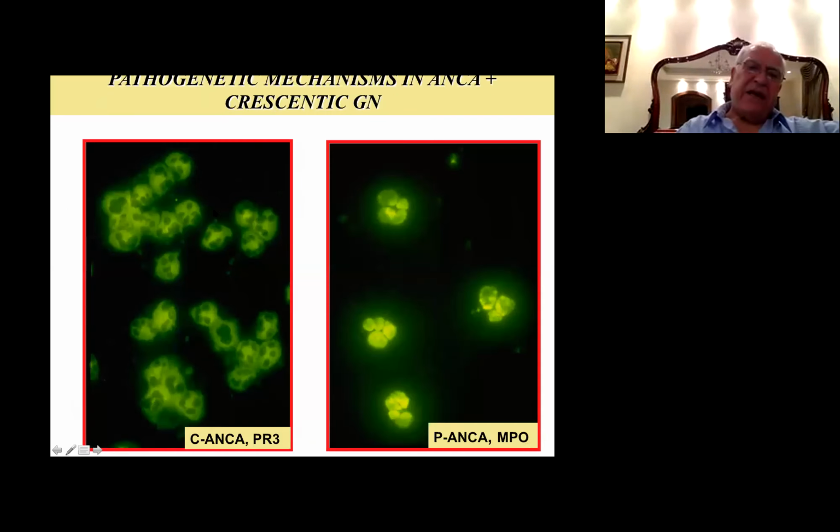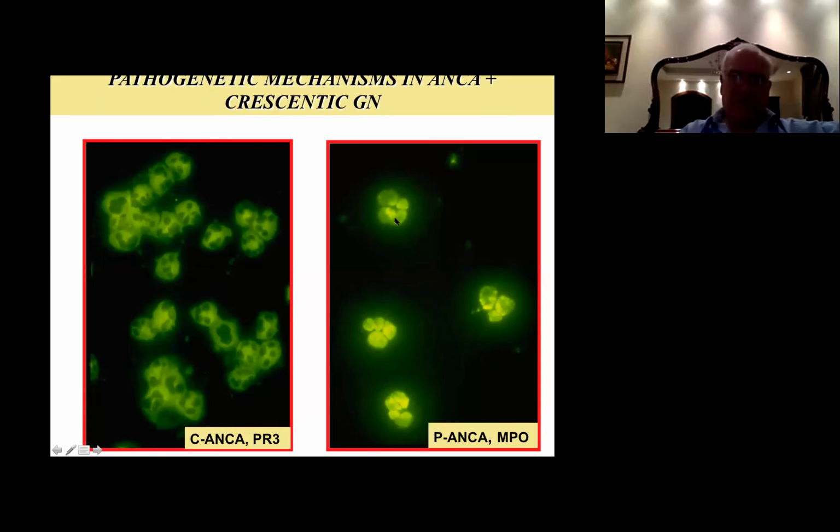Then in the old days, what we used to do, that's immune fluorescence, C-ANCA, and that's P-ANCA. Nowadays, we call it PR3 and MPO. Currently in our hospital, we just do the serological MPO or PR3, and we don't really do this kind of immune fluorescence anymore.